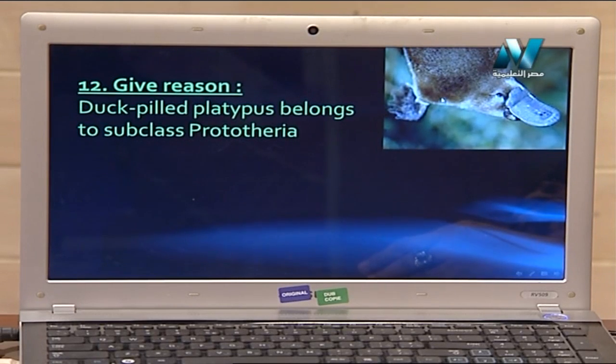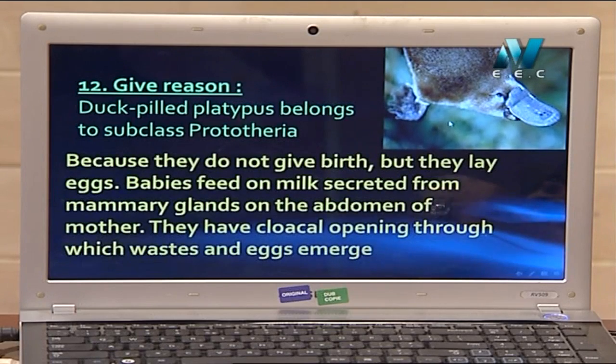What is the main characteristic of this animal? It doesn't give birth, but lays eggs. Its babies feed on milk secreted from mammary glands. Mammary glands here mean this animal is related to the mammals.